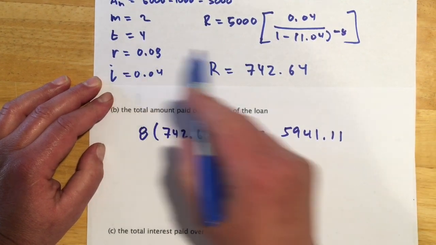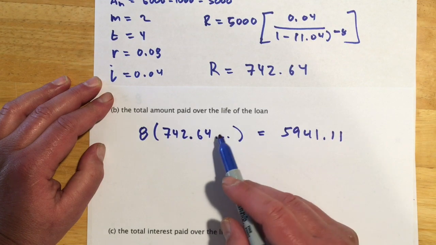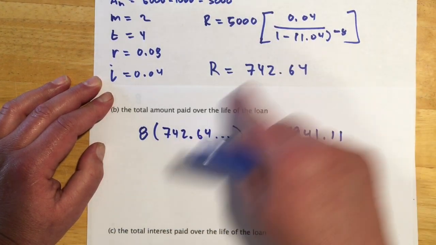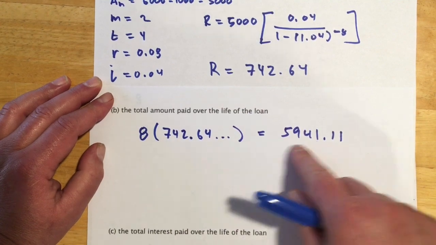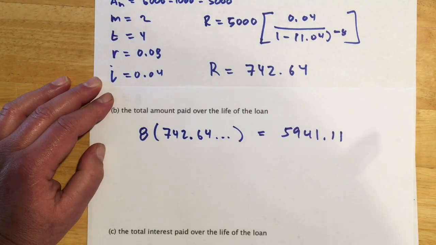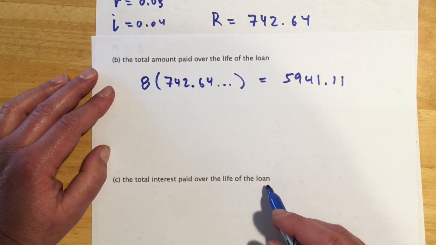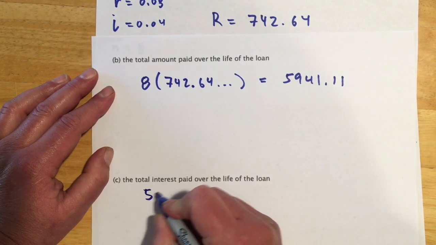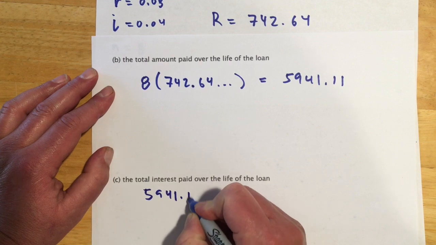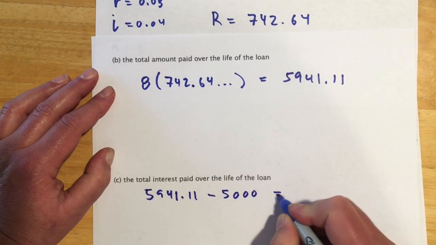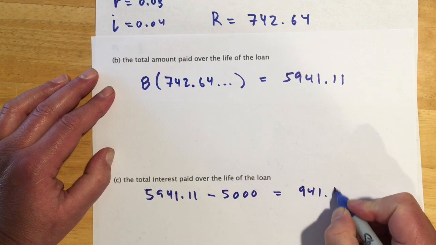So it should just be 8 times this amount because that's the payments, but there's some kind of rounding happening in there, and so I think it gets marked wrong if you don't use all the decimals. But so there's how much they're paying back. And then C is the total interest paid over the life of the loan. So he paid back $5,941.11. He borrowed originally, remember, $5,000. So then that makes his interest $941.11.